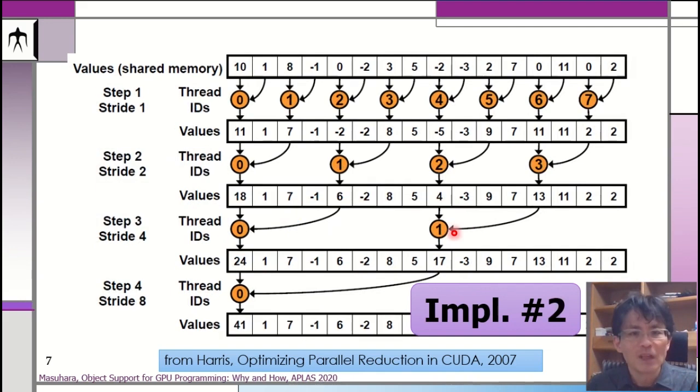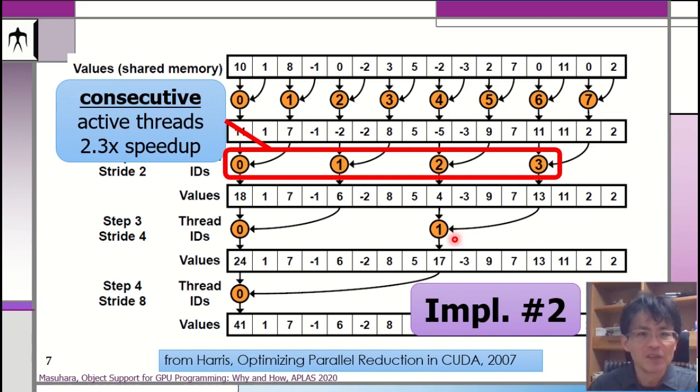So this program can be optimized by reassigning the threads and the computation in this way. In this implementation, thread number 1 computes those elements, and the next step computes on those elements, and so forth. Then we see consecutive IDs of threads computing at each stage, which already gives a 2.3 times speed up.